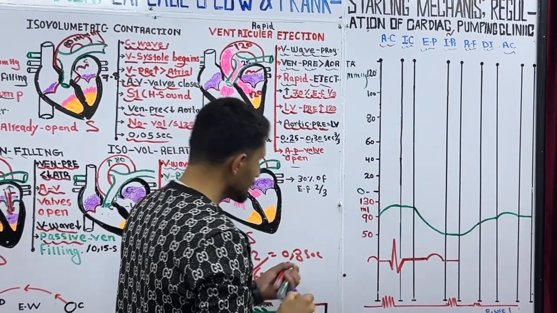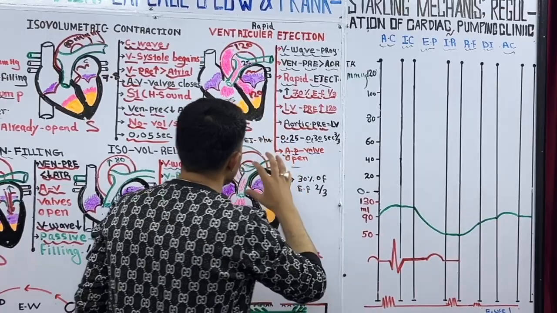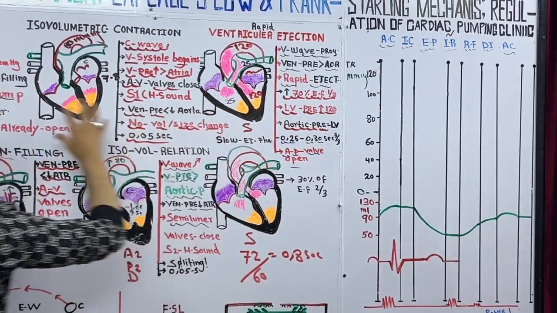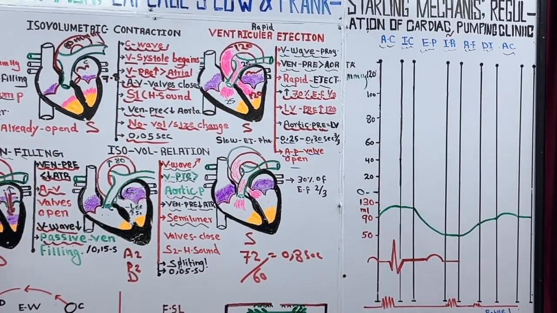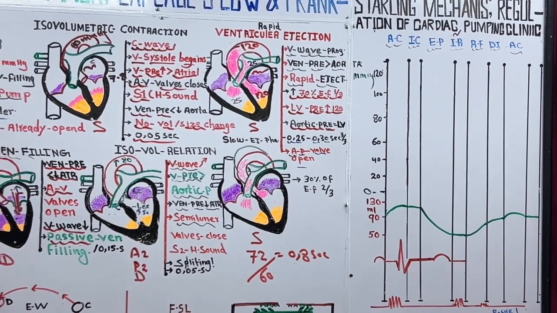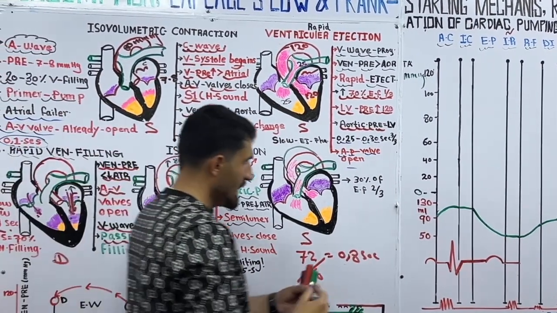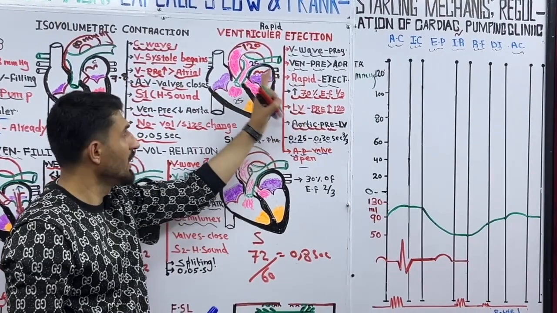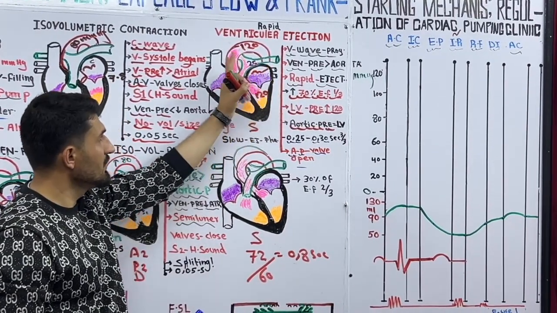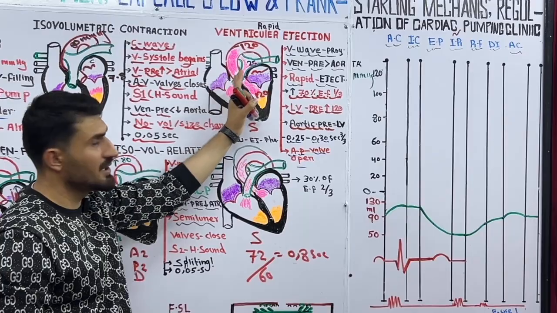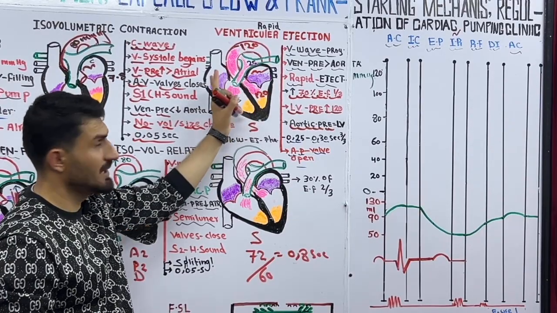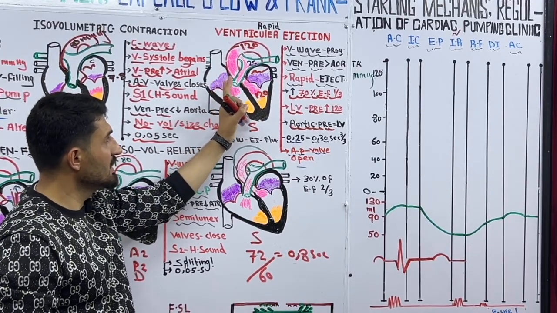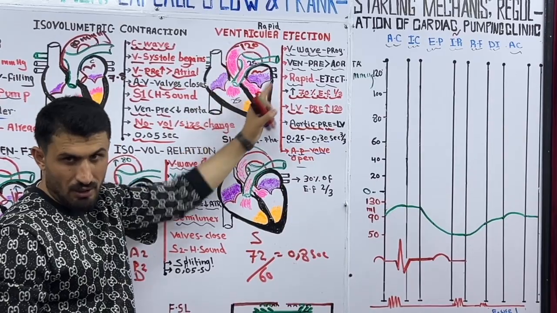Now let me show you the pressures which are developed during this cardiac cycle. First of all, I'm talking about the left atrium, left ventricle and aorta, and the cycles and events will be the same as the right side of the heart; only the pressure will differ.